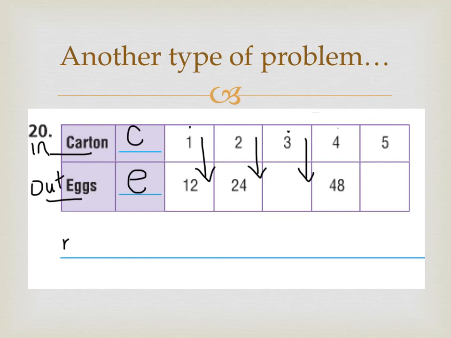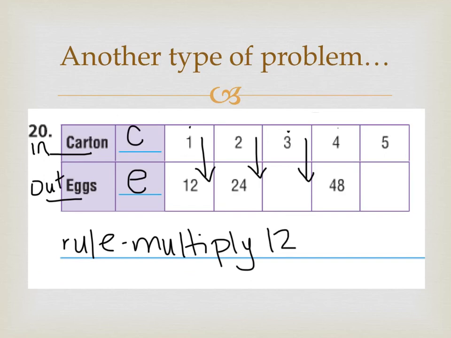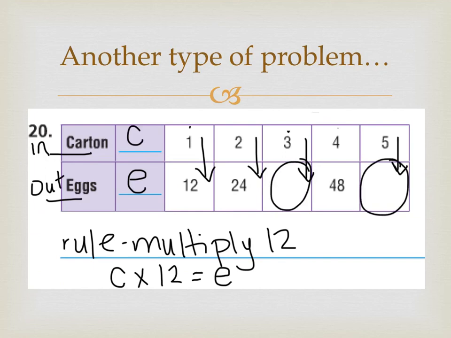So the rule for this table would be to multiply by 12. To write it as an equation, I could say the number of cartons times 12 is going to give me the number of eggs. What are the 2 missing numbers? Try to figure them out, write it down, and replay to check your work.